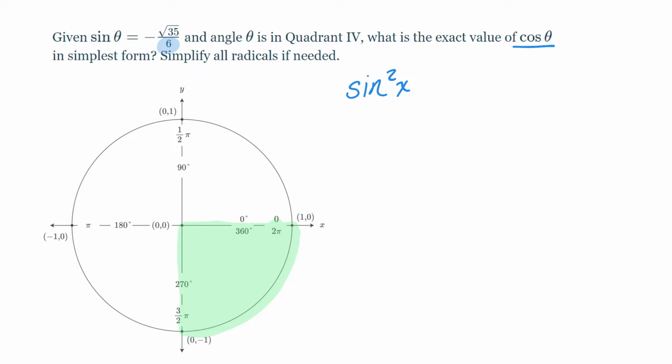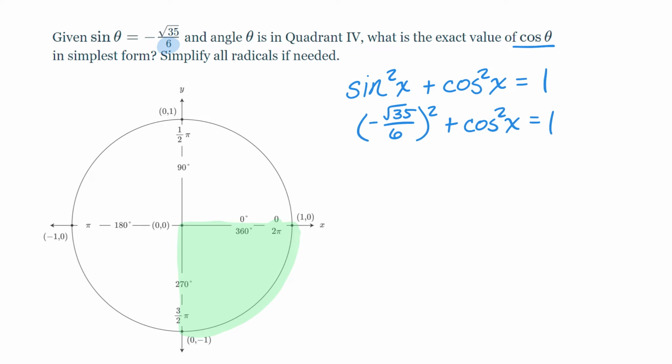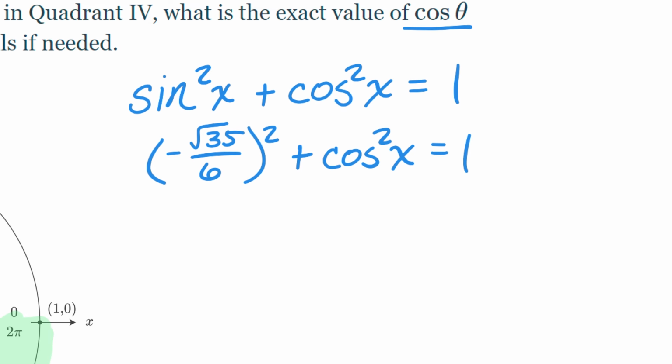So it is sine squared plus cosine squared equals 1, or 1 squared, which stays 1, of course. This one tells me that sine is the square root of negative 35 over 6. And then we are going to square that value. Cosine, of course, stays cosine squared, and 1 stays 1. So this is the setup to our question.